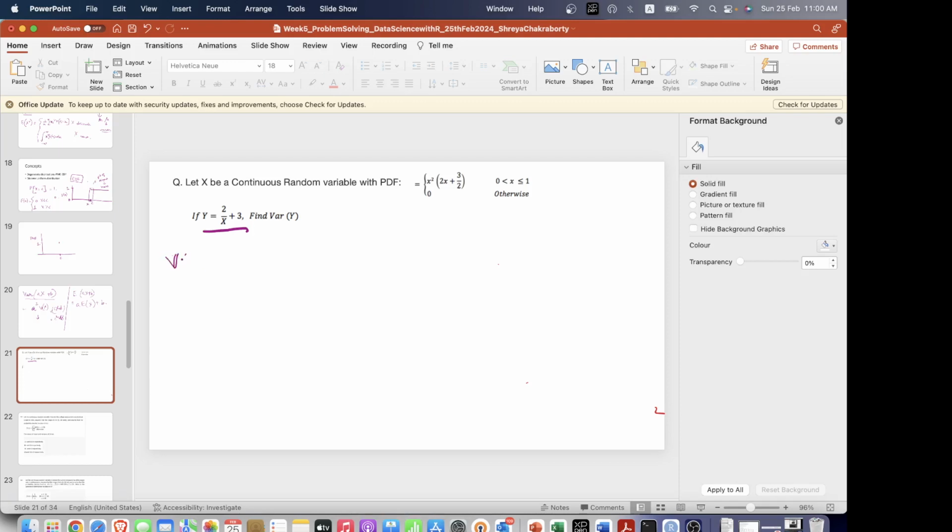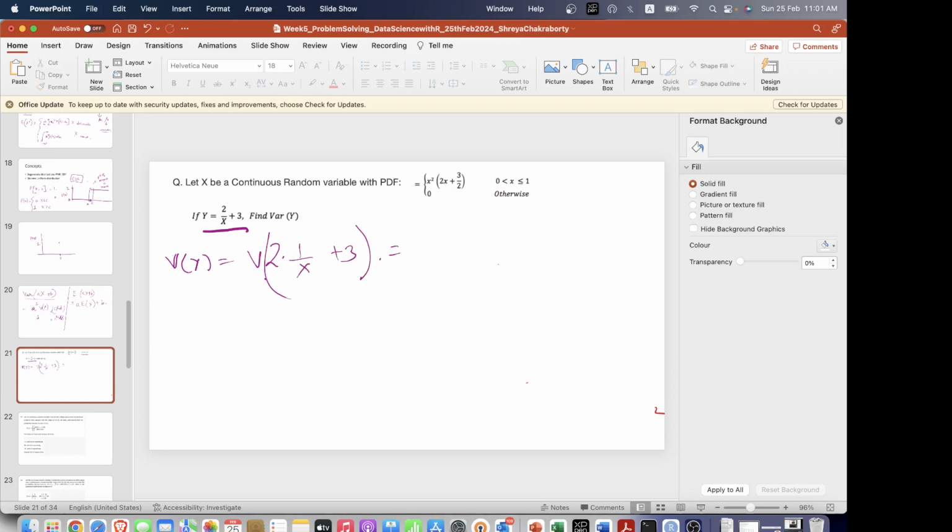Variance of y is the variance of 2 into 1 by x plus 3.